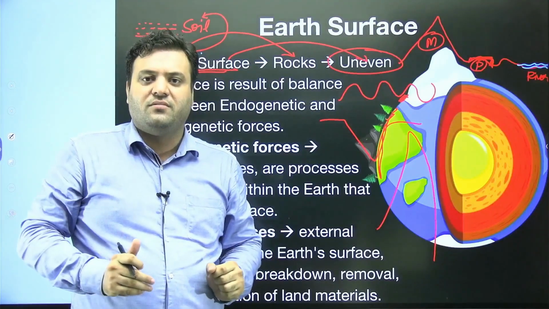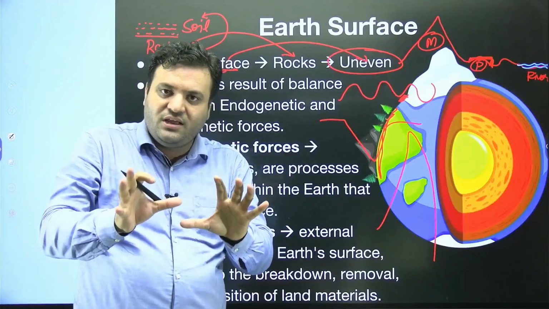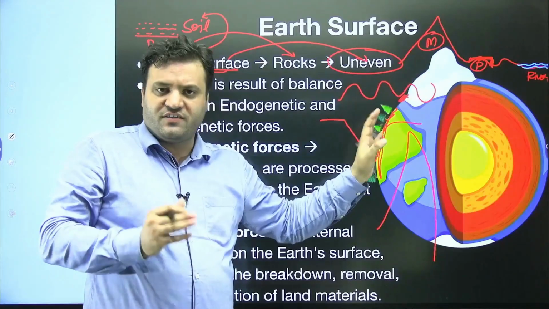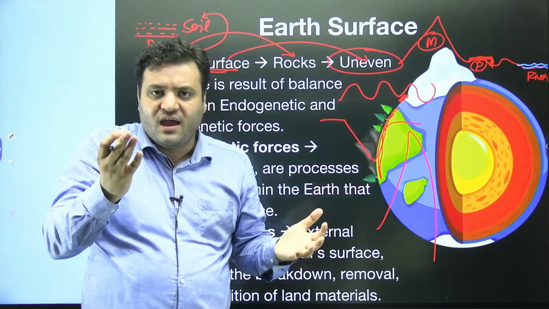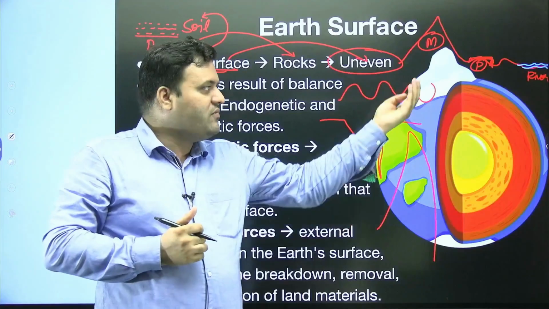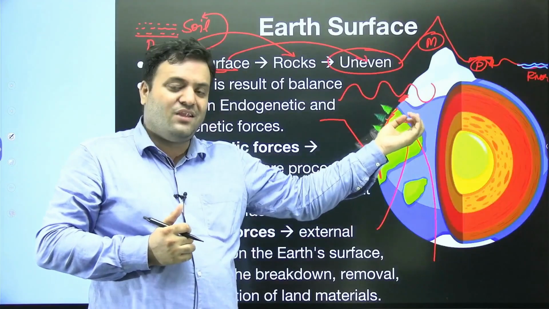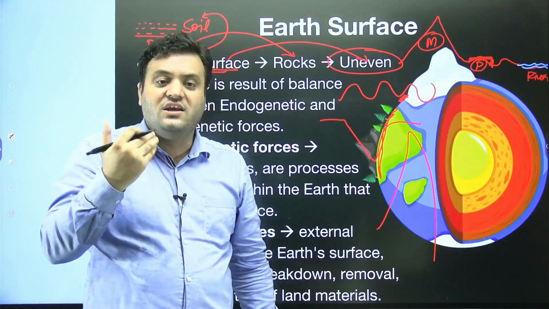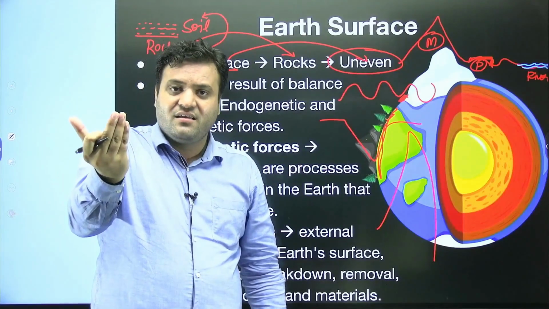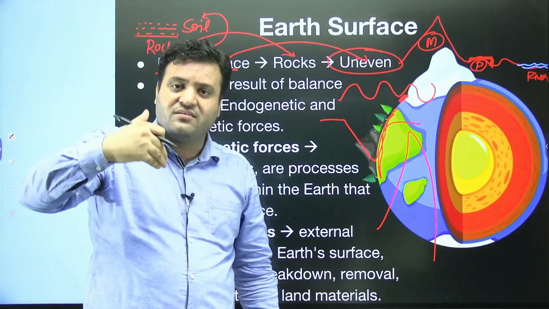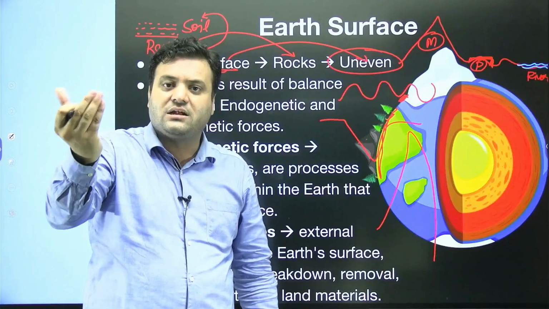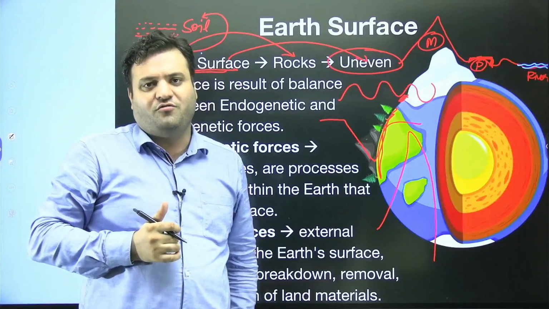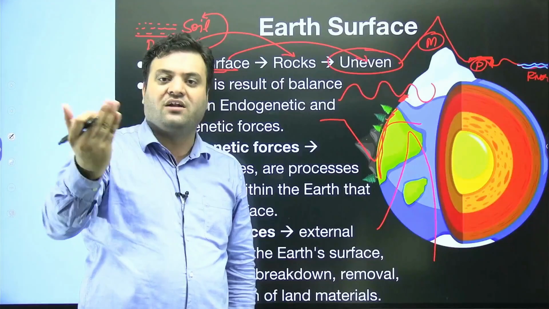So in geography, we are focusing on the unevenness of the surface: why the crust is uneven, why somewhere we have a mountain, why somewhere we have a plain, why somewhere we have, let's say, V-shaped valleys. What is the reason behind this? And after the processes, after the result, you have to link it with the life of people. That would be the complete preparation of geography, and we will go in that way only.